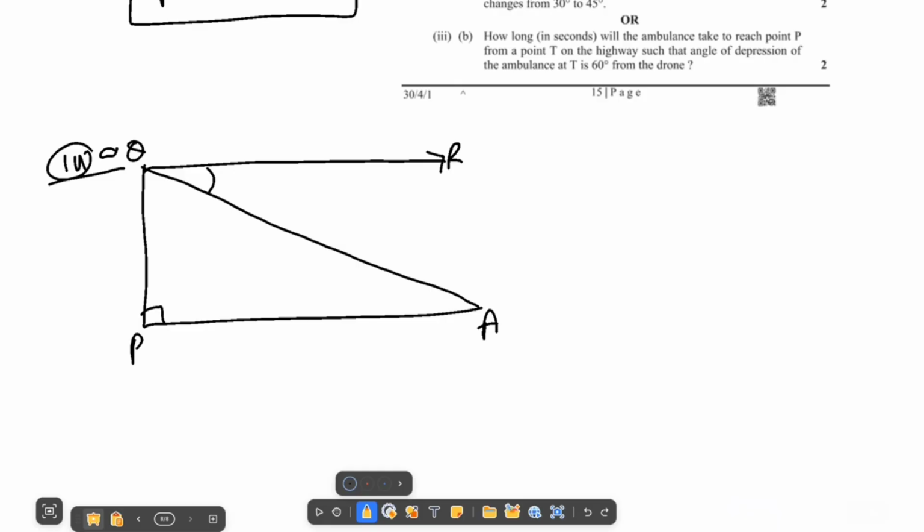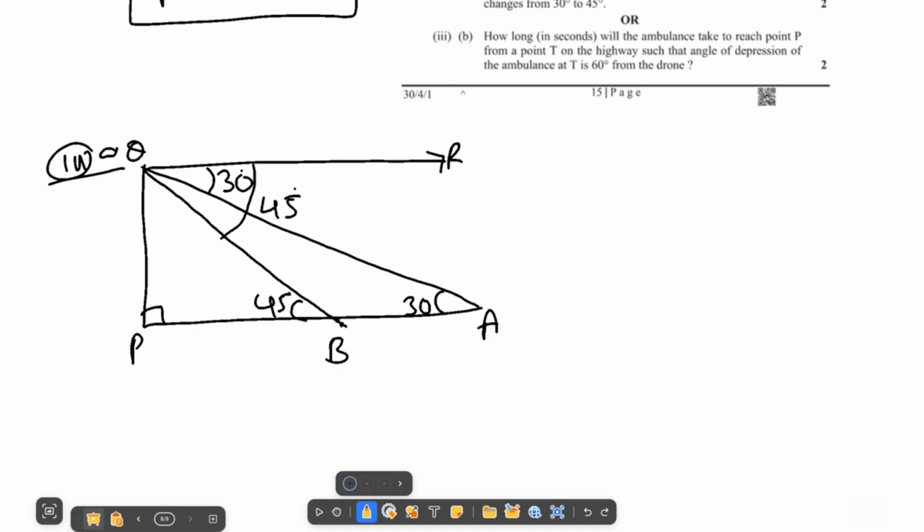Now the angle of depression is 30 degrees at the starting point. So for example, the ambulance came from A to this B position. Let us think this angle of depression is now 45 degrees. If it is 45, this is also 45.